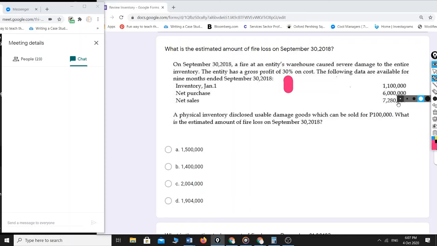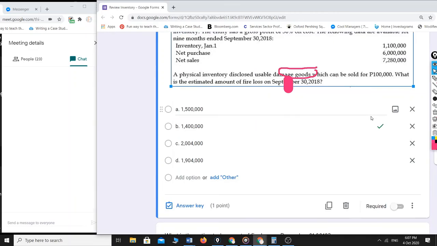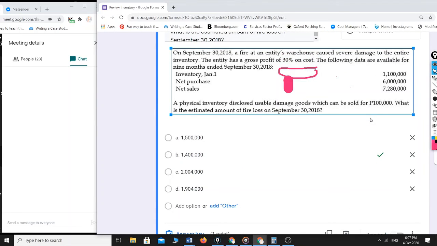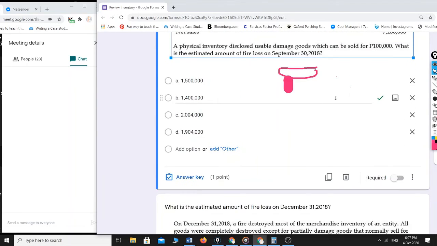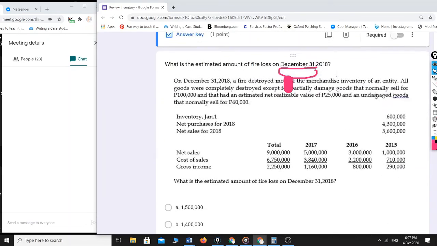So, please be careful if the gross profit is based on cost or based on sales. Again, if sales, multiply. If based on cost, divide. Okay. I think you can answer this one on your own. Anyway, the answer is given.